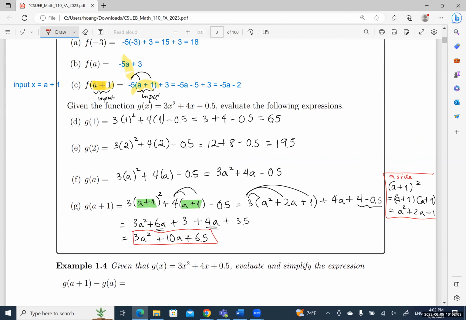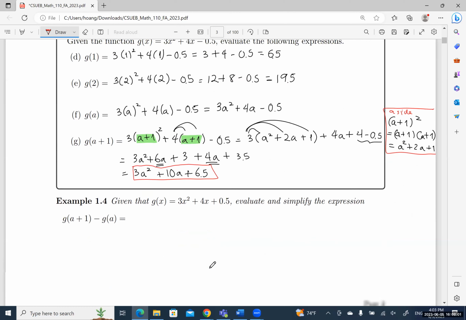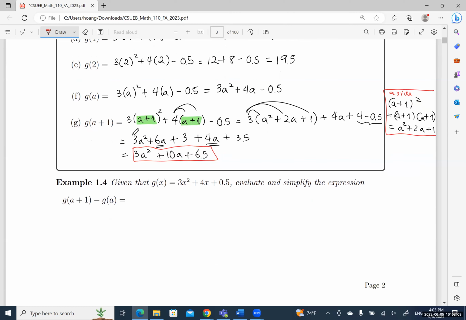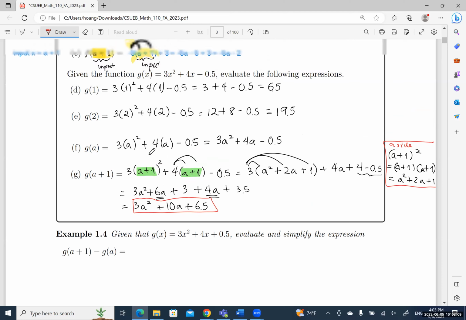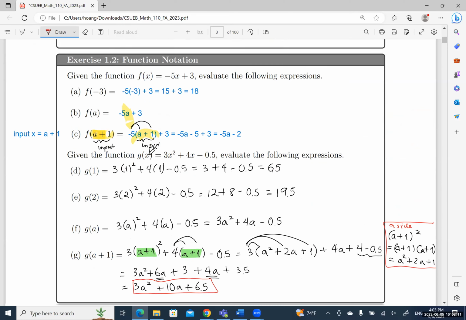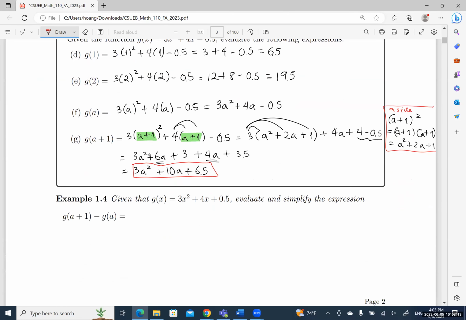Yes, this is the same function g, right? So we can use the information from exercise 1.2.